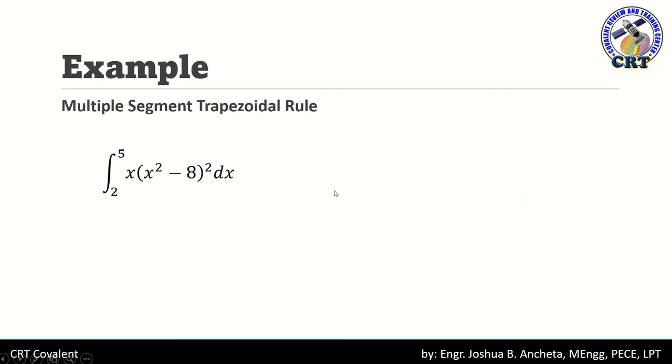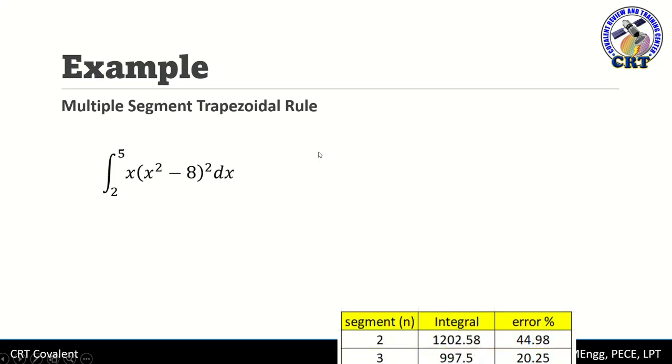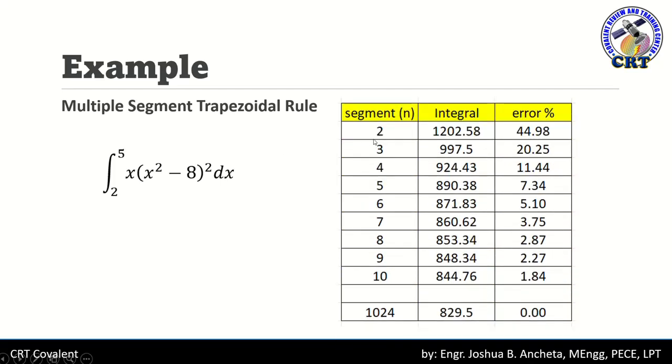And if you continue solving several segments, for 3 segments, you can solve the integral equal to 997.5 and that is 20.25% error. For 4 segments, your integral is 924.43, and that is 11.44% error.